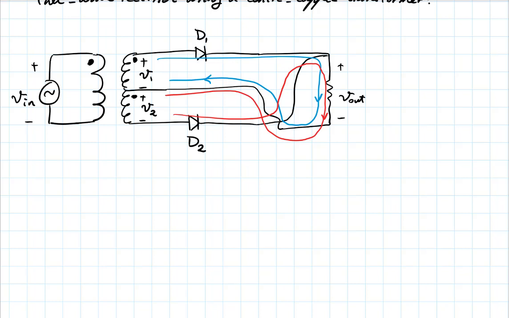Yeah, so we have an excellent question here. During the positive cycle, V2 is also a positive voltage equal to V1, right? So what problem does that create? Let me write the KVLs.